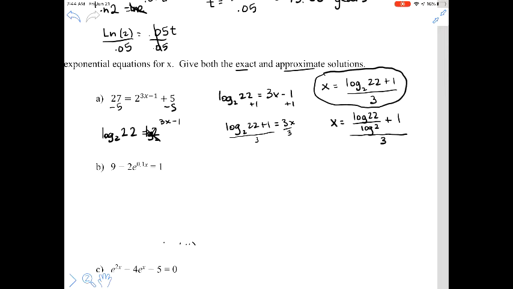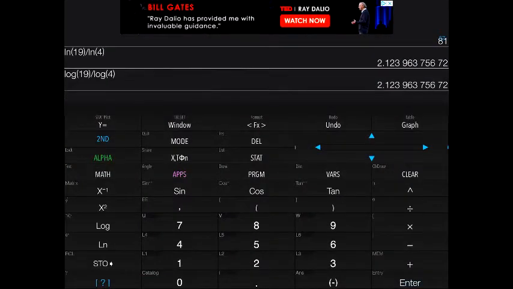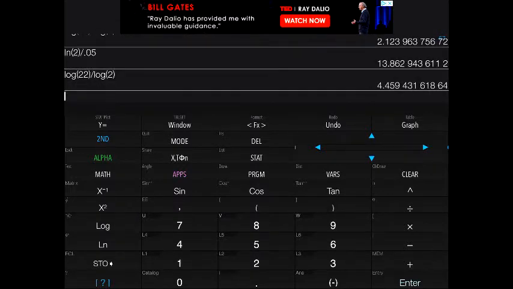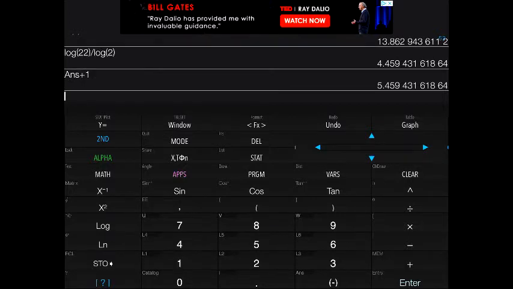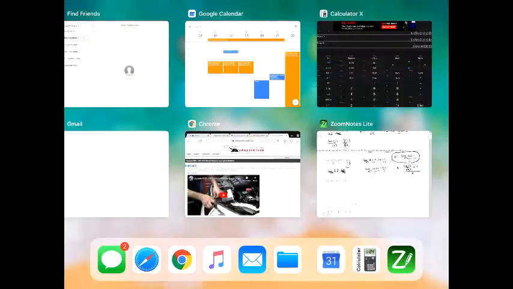This is my exact solution. So come back here, let's try this. Log 22 divided by log 2. Then I'm going to add 1. Then I'm going to divide by 3. I get 1.82.